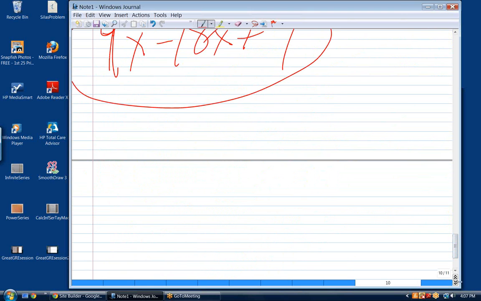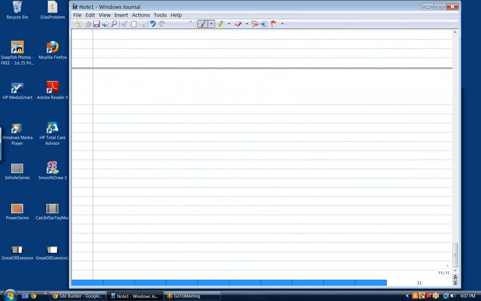Let's try one more odd one like this. Another one like this where we have an answer in the book. The one that's most similar has an i in it. Okay, let's do that.